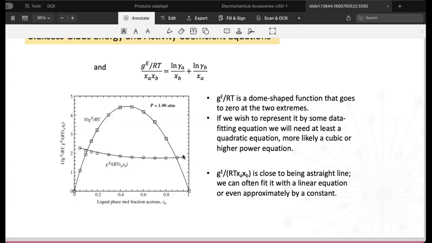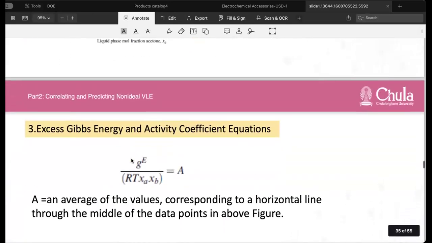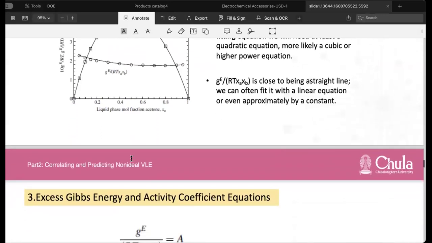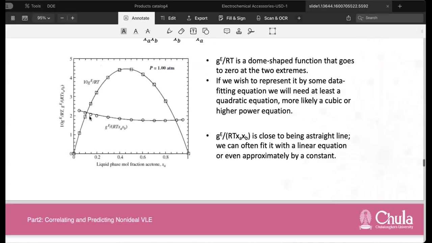So we can approximate this one as linear. And when it is linear, you have two choices. The first choice is you see that the slope is more or less close to 0. If I approximate the slope as 0, it is a linear function with slope 0. You have only one parameter, which is the intercept on the y-axis. That means you take the average of each point.